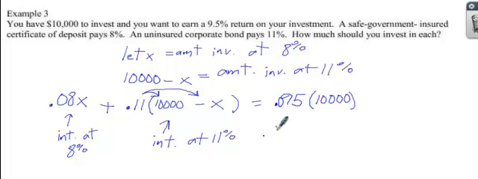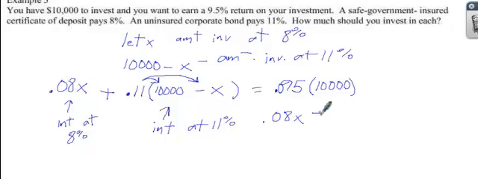So I get 0.08x. And then here I have plus 10,000 times that. I move the decimal point 1, 2, 3, 4 places. I get 1,100 minus 0.11x equals, here move the decimal point 4 places again. 1, 2, 3, 4.